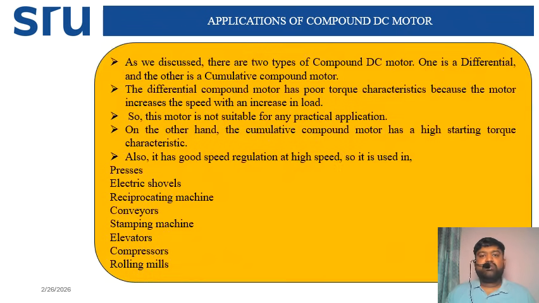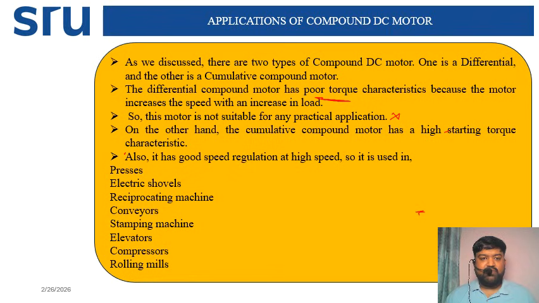Now we will see the applications of compound DC motors. As we discussed, there are two types of compound DC motors: one is differential, and the other is cumulative. The differential compound motor has poor torque characteristics, because the motor increases its speed with increase in load, so it is not suitable for any practical applications.